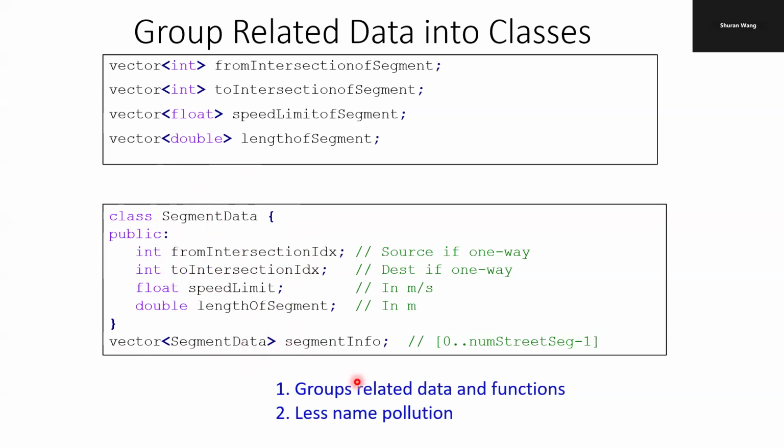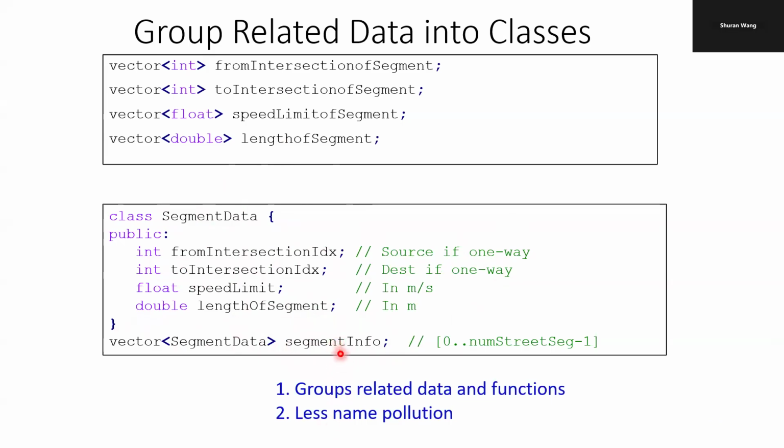This helps us group related data structures together, so it helps us read your code. You'll see what's related. And this is also helpful for you to have more meaningful variable names inside the segment data class. And globally, there is just this one variable name that is being taken.